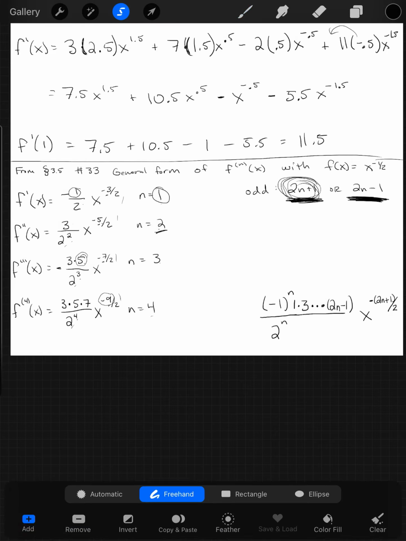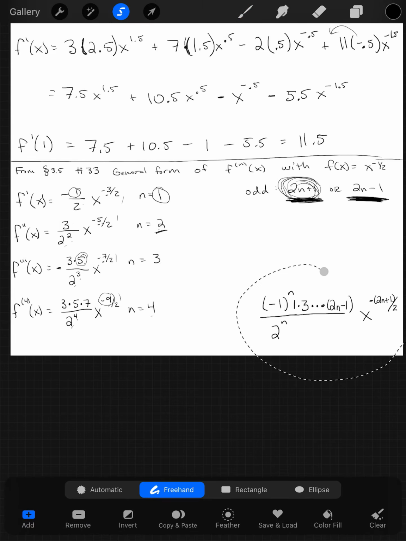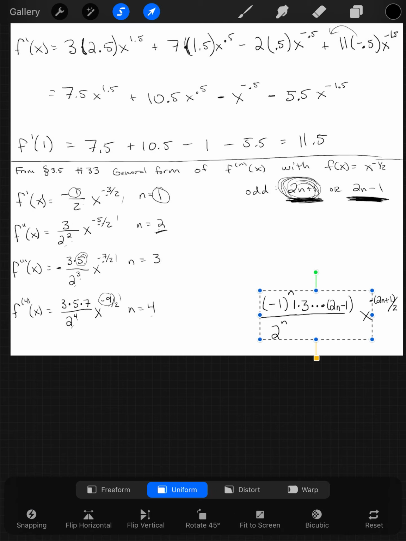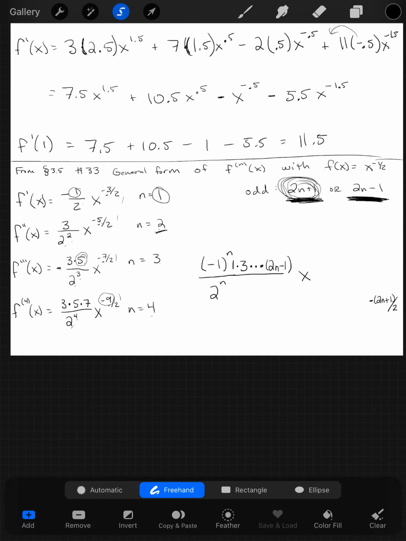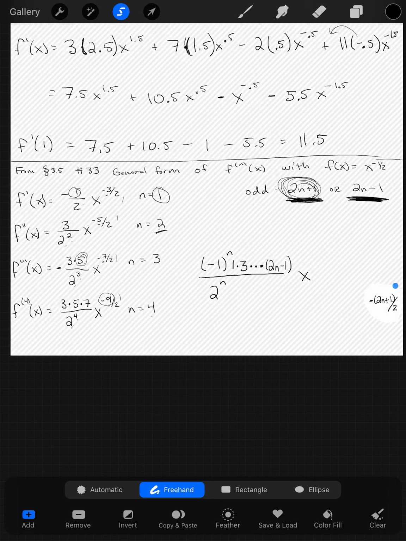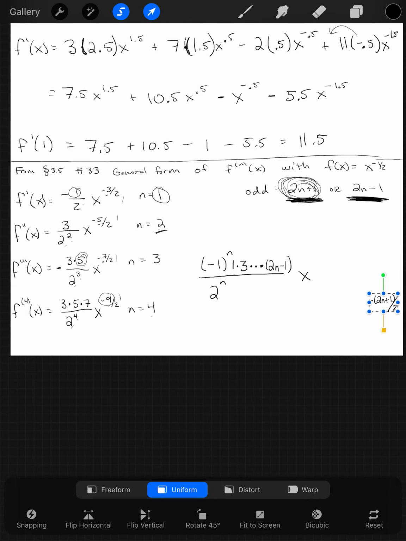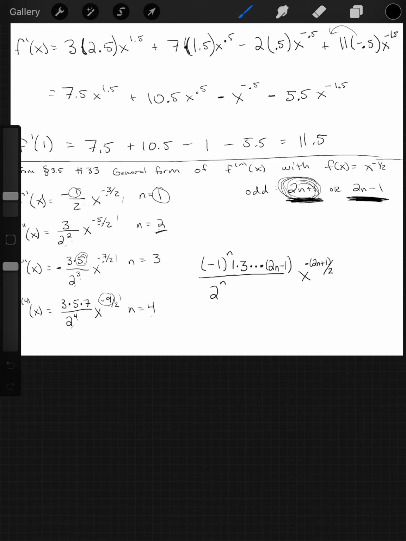So our formula for the nth derivative is going to look like this. It bounces between odd and even.